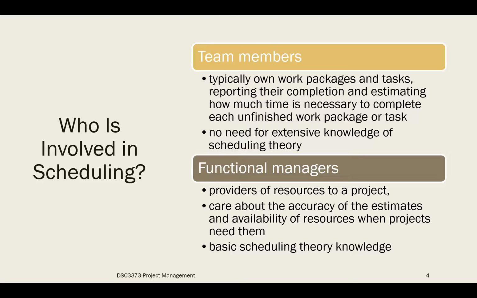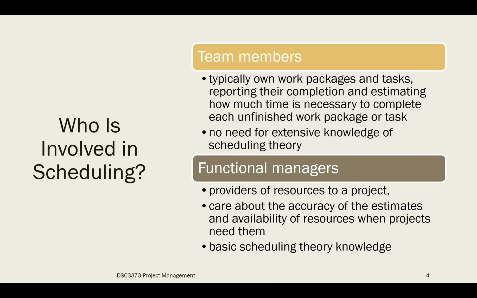In order to do that, a team member does not need to have extensive knowledge about how to schedule the project, right? They will be basically working on their own work packages and tasks and coming up with estimates based on their experience. So that is the first set of people.